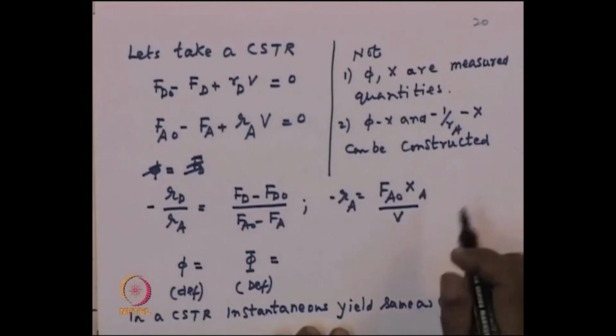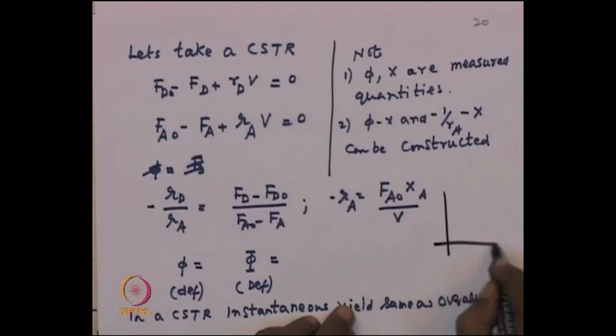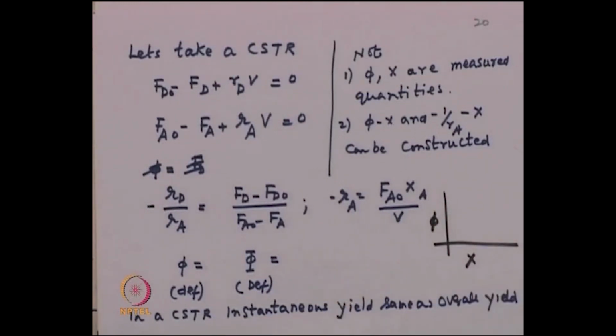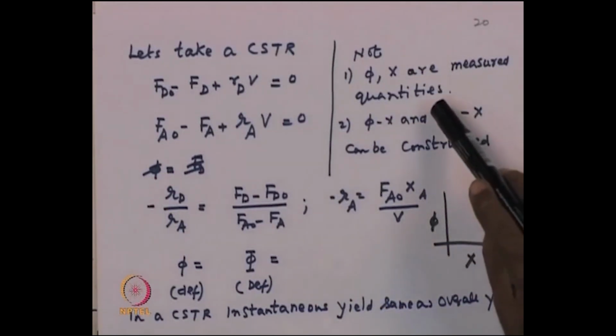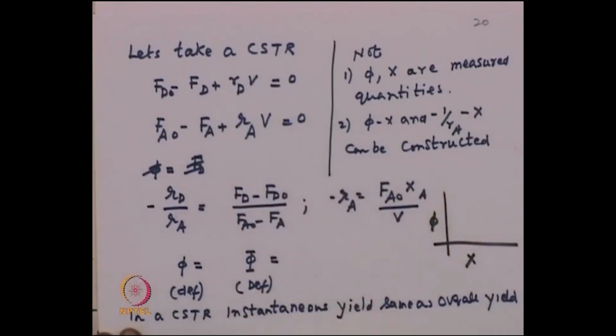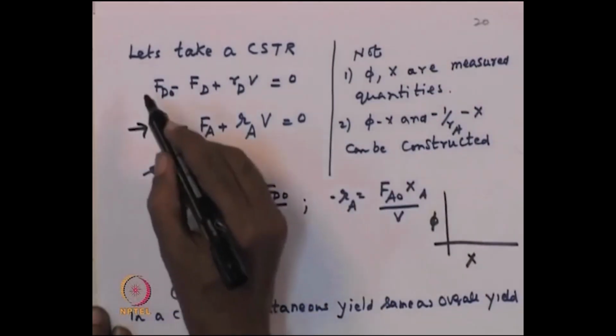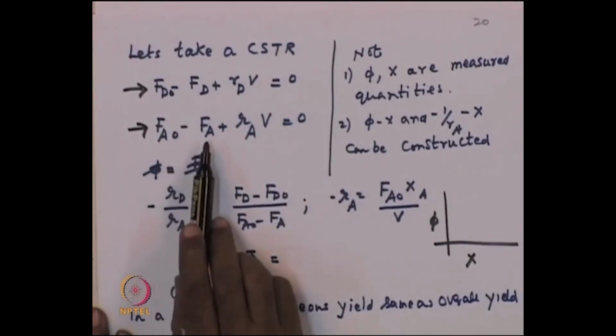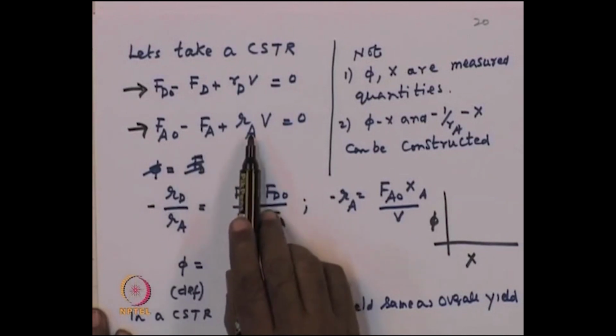So, you are able to plot x versus phi from your CSTR data, correct? Is this clear? Now, what about minus of 1 by Ra versus x? Can we get that data from the same experiment? See, you are doing an experiment, so you are able to measure Fa 0, Fa and Ra.